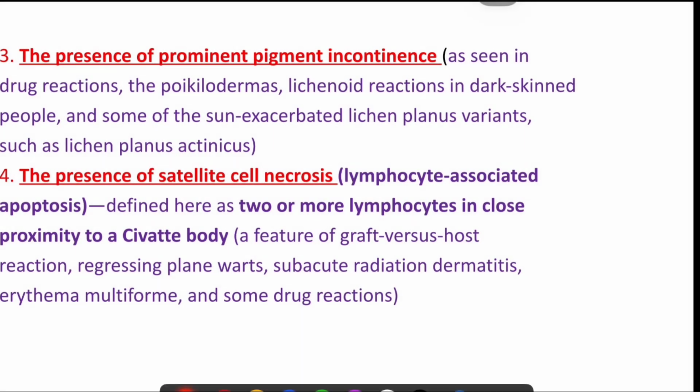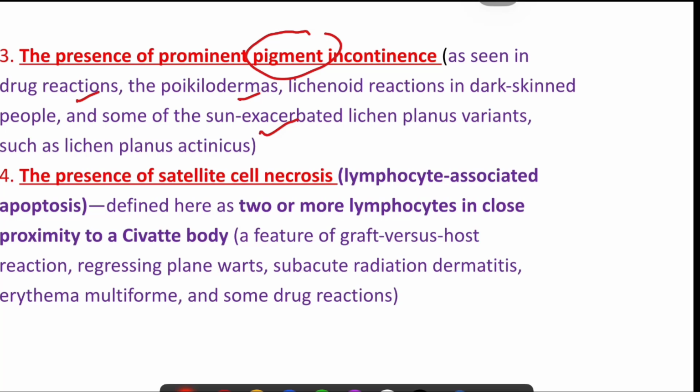Third is presence of prominent pigment incontinence. So whenever pigment incontinence is along with this lichenoid reaction, you can have in mind drug reaction, poikilodermas, lichenoid reaction in dark skinned people, and some sun exaggerated lichen planus variants like lichen planus actinicus.